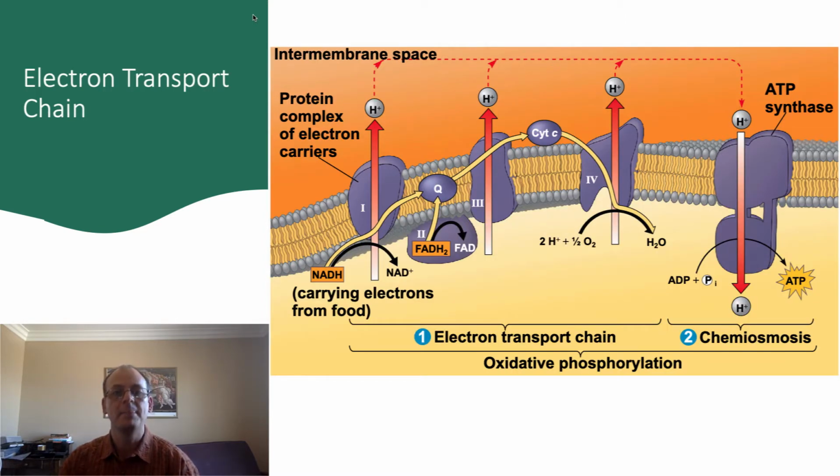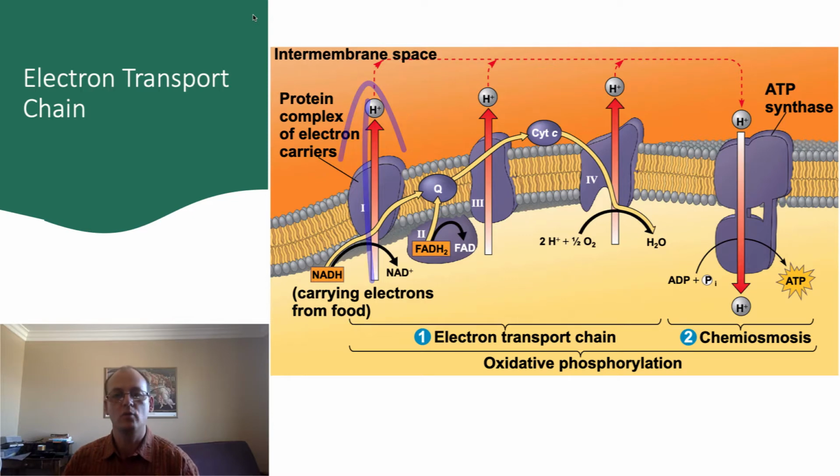In the next step, NADH and FADH2 deliver their high-energy electrons to a series of proteins embedded in the inner membrane. These proteins, shown here in purple, are arranged into large complexes, and they use the energy of the electrons in order to pump protons from the matrix of the mitochondria into the intermembrane space.